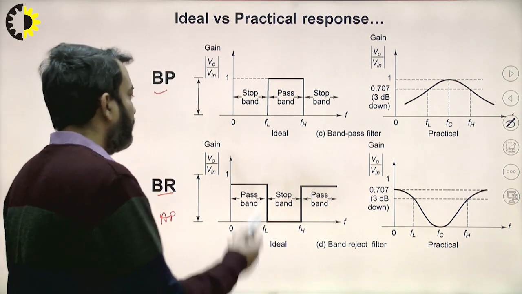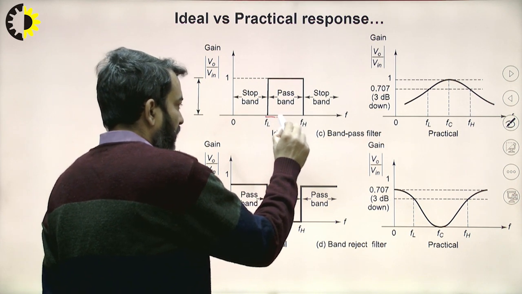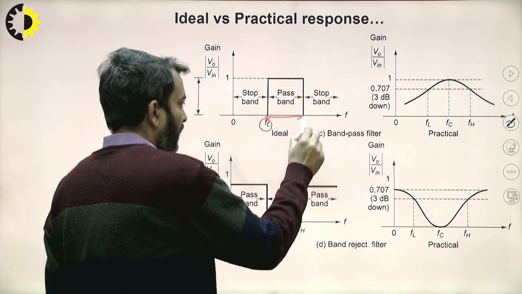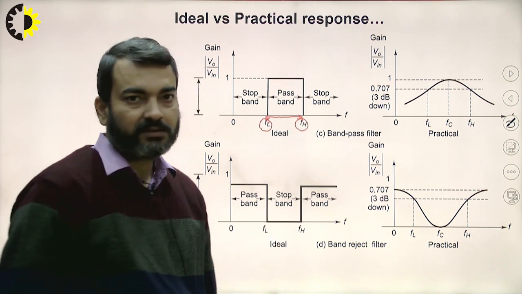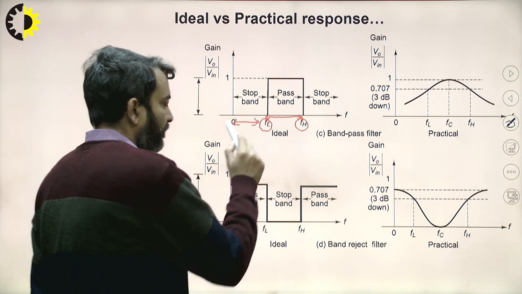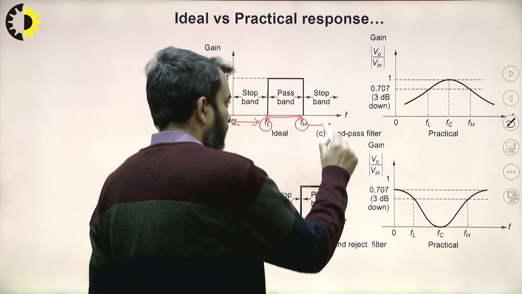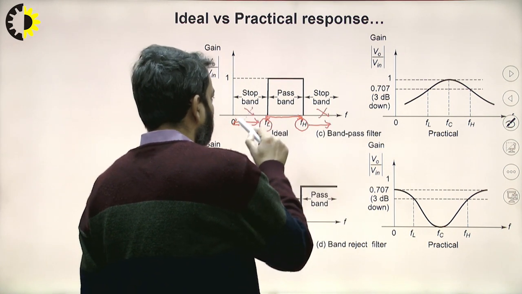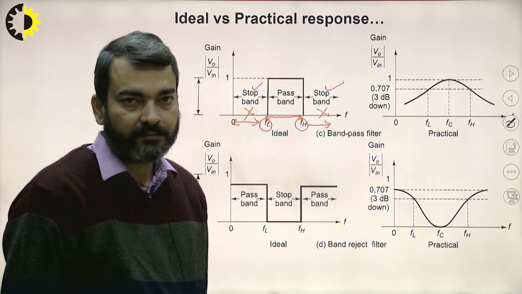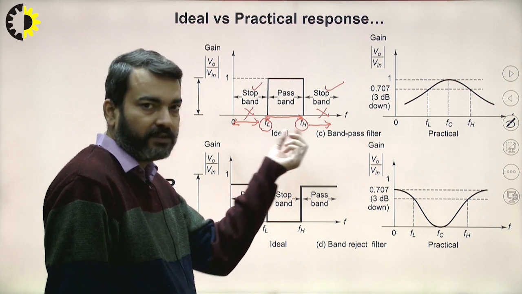In case of band pass, as is clear by name, a frequency band ranging from FL to FH will be passed. Below it, that is 0 to FL, will be perfectly blocked, and above FH perfectly blocked. So we will have two stop bands in case of band pass filter, and pass band is ranging from FL to FH.